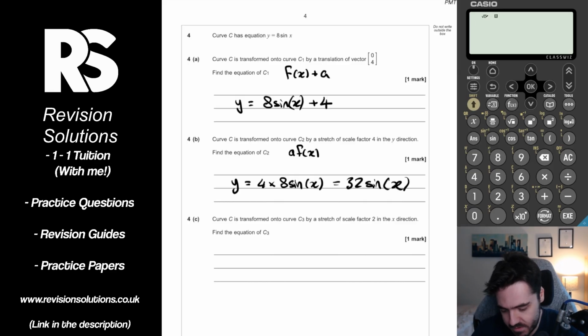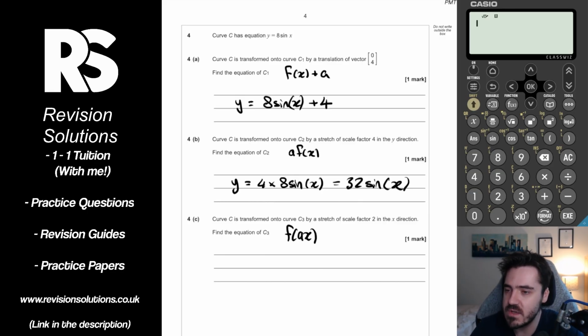Then the last part C, curve C is transformed onto curve C3 by a stretch of scale factor 2 in the x direction. So what we have to remember with this, well, first off, stretches in the x direction are written like this, f of a times x.